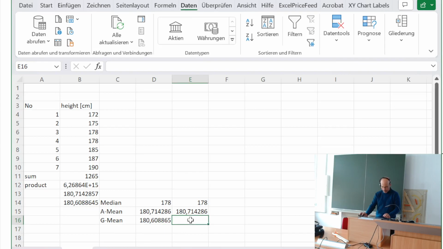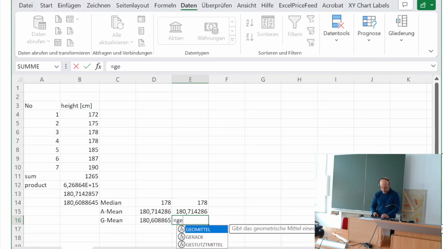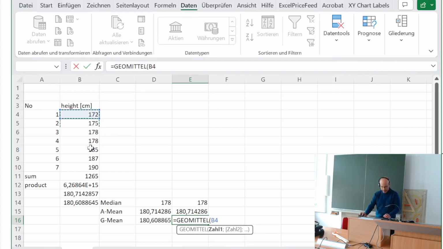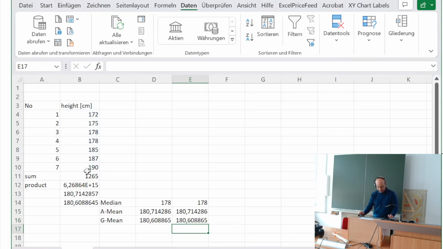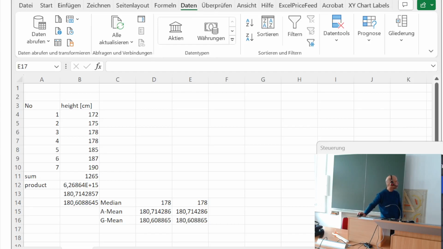And of course for this we also have a formula, geometric mean of these numbers here. Oh, what's happening here? This one. Sorry.